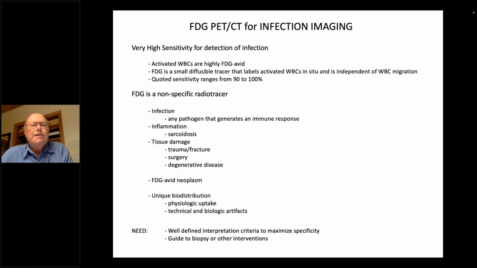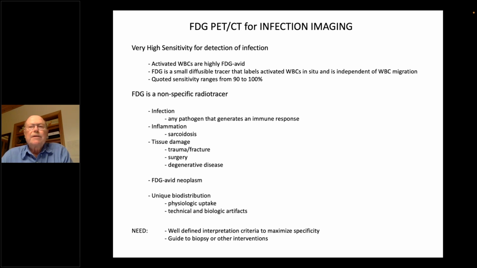It has a very high sensitivity for detection of infection, and here's how it works. The activated white blood cells take up a lot of glucose and consequently FDG. So basically, FDG PET is a variant of white blood cell imaging, but there's a very important difference, and that is that the FDG is a small diffusible radio tracer, and once it's injected, it distributes rapidly throughout the body and labels activated white blood cells in situ.